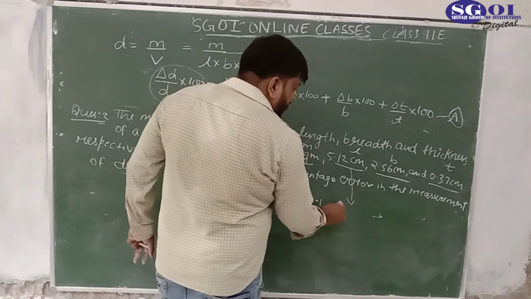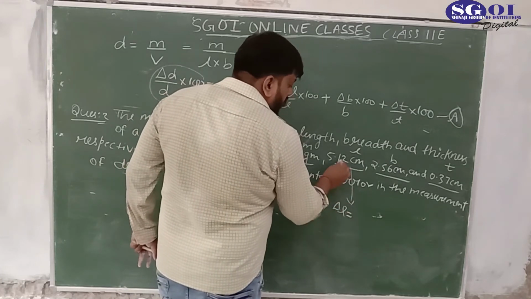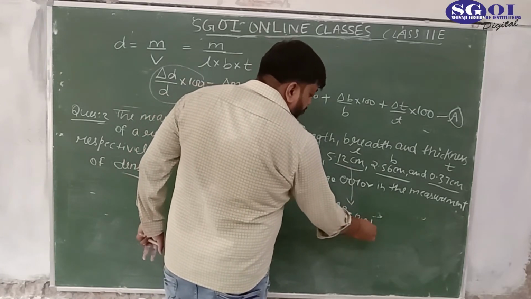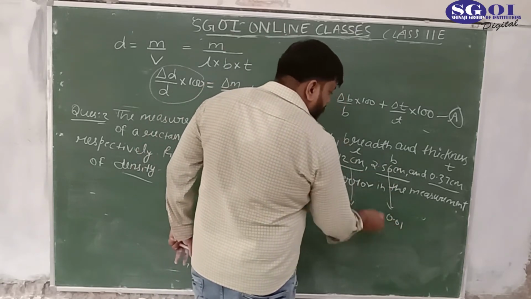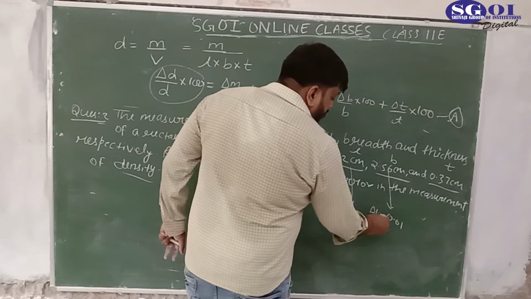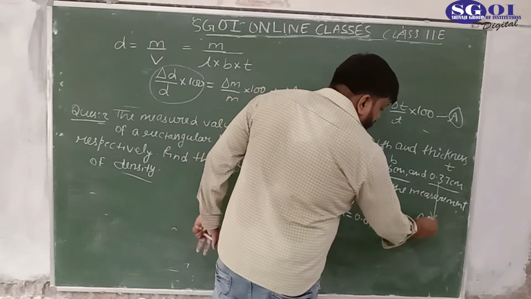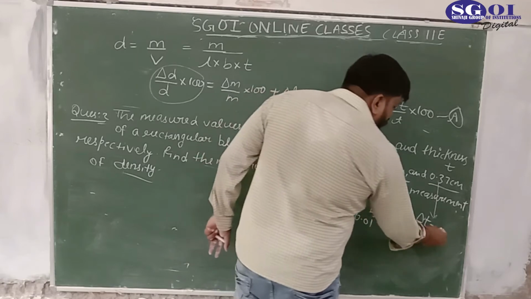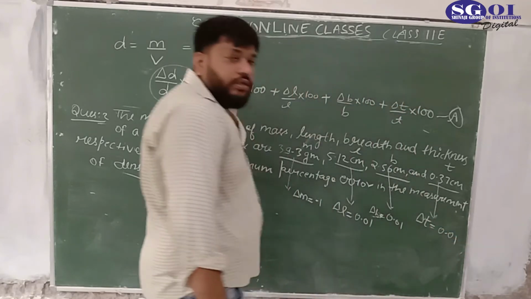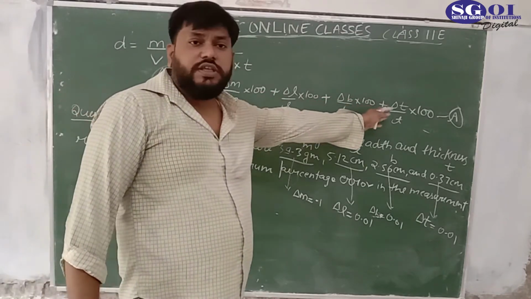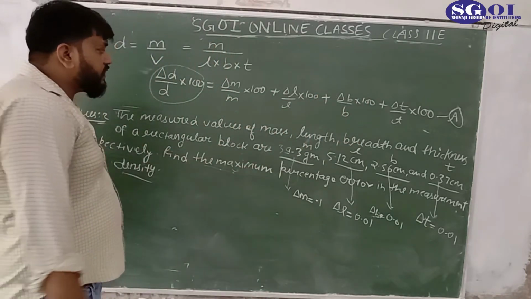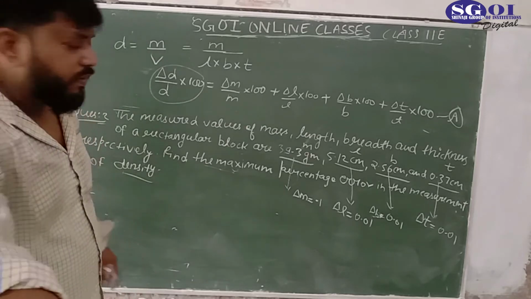The others are up to two decimal places, so delta l, delta b and delta t are each 0.01. So just put the values and solve.